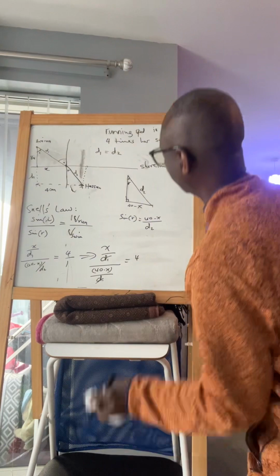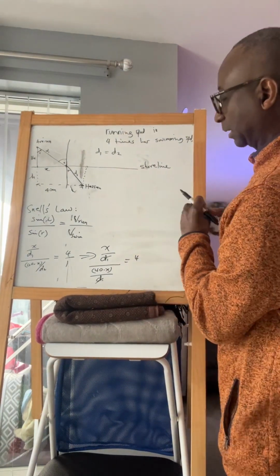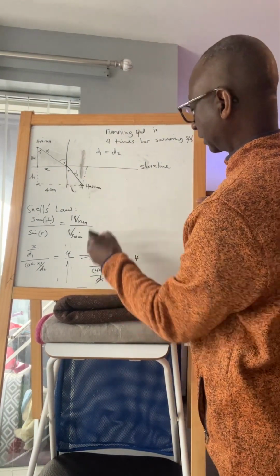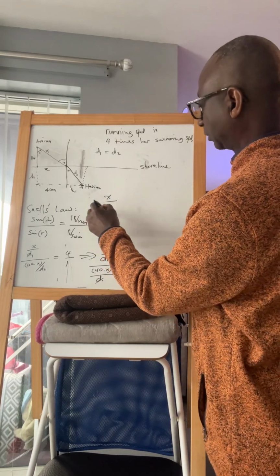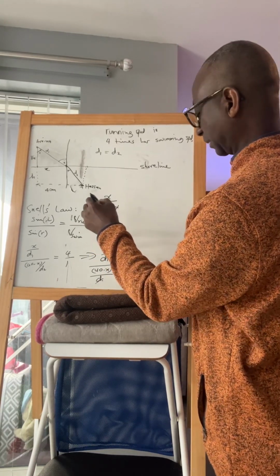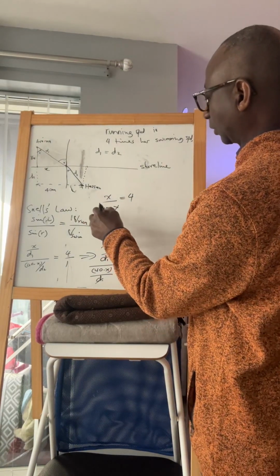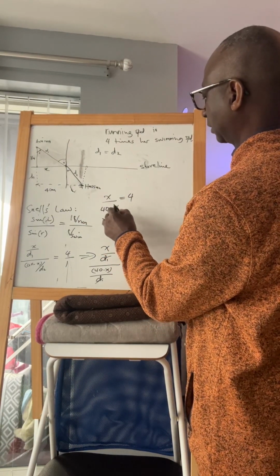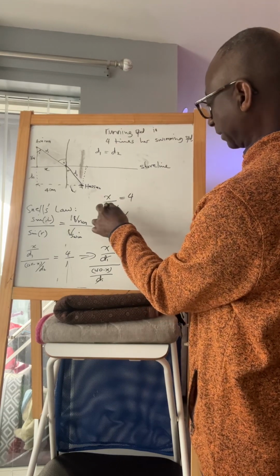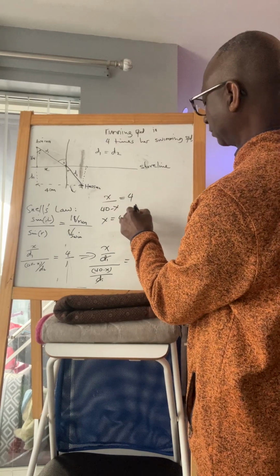So now I will erase this. We now have x over 40 minus x equals 4, which is x equals 4 multiplied by 40 minus x.